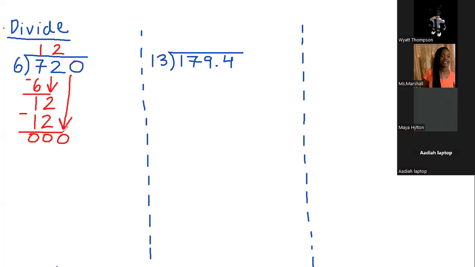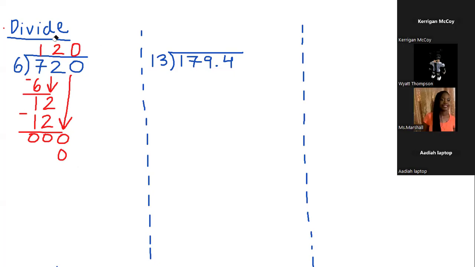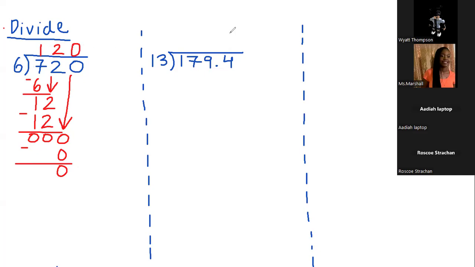That's going to be 0 times. What is 6 times 0? 0. And 0 minus 0 is what? 0. Very good. So that's how we do it. So the answer is going to be 120.